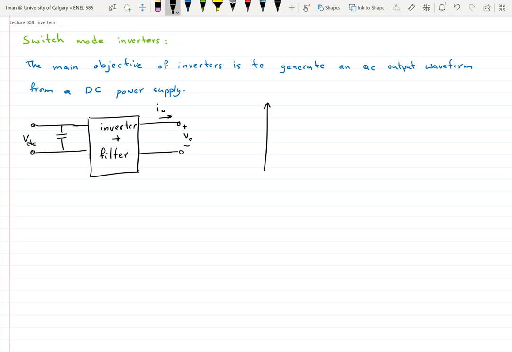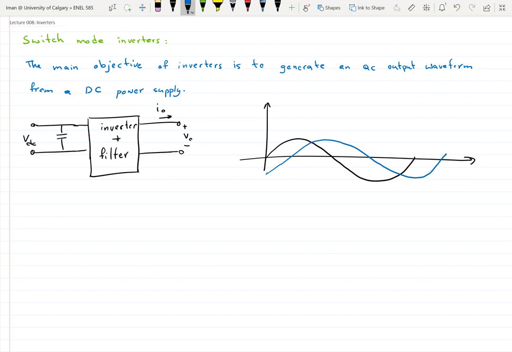So if we were to draw this, for example, this is I and this is V, both of them are AC voltages that are created from a DC voltage here.